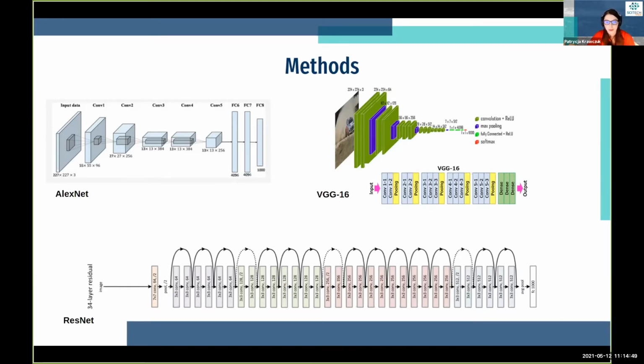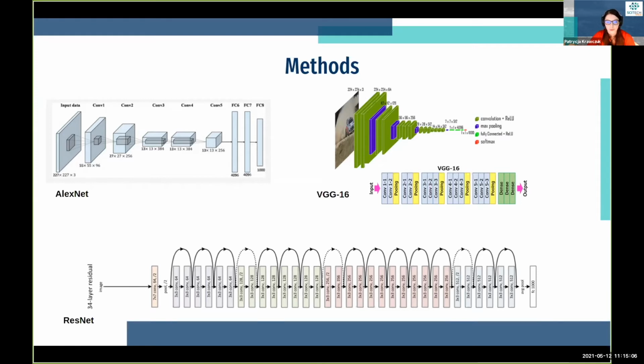And it makes important changes to the AlexNet model by changing the sizes of the filters from large ones in AlexNet to much smaller ones in VGG16.